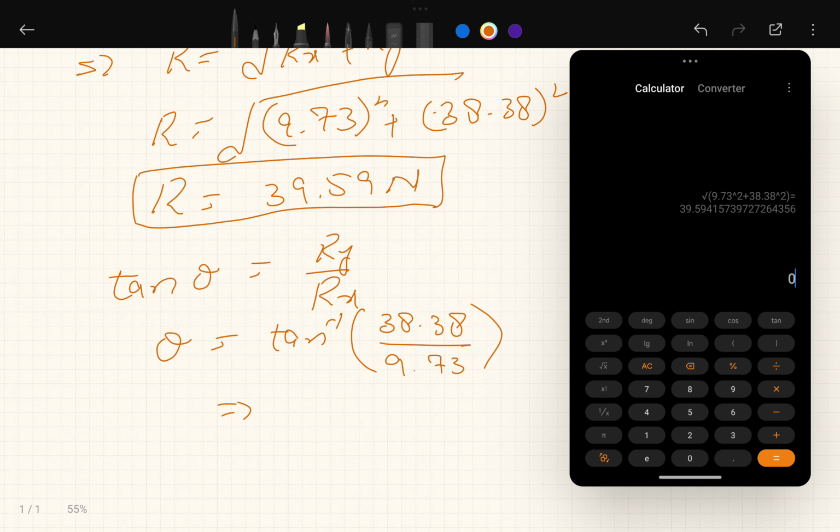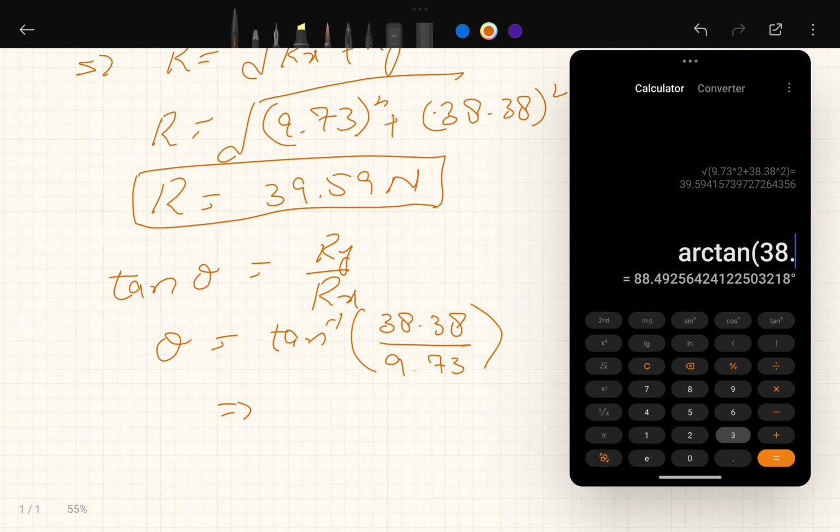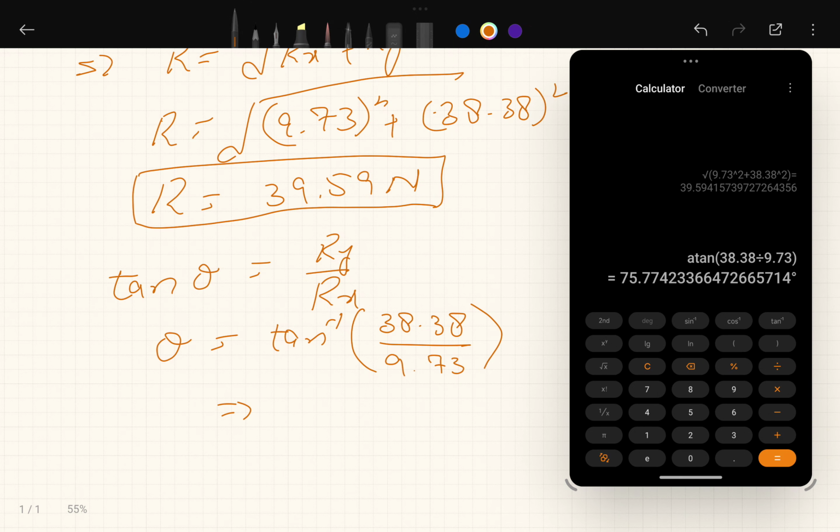So it's equal to 75.77 degrees, approximately.